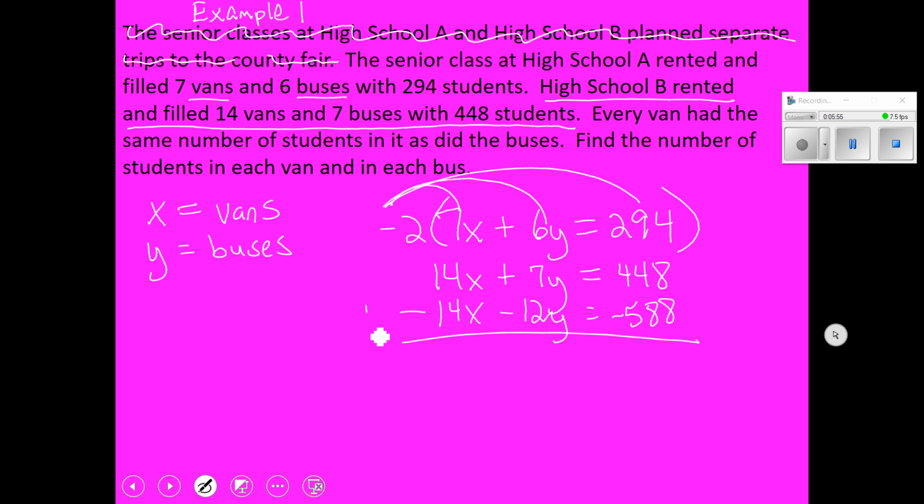When I add them together, these cancel. This gives me -5y. And this gives me -140.